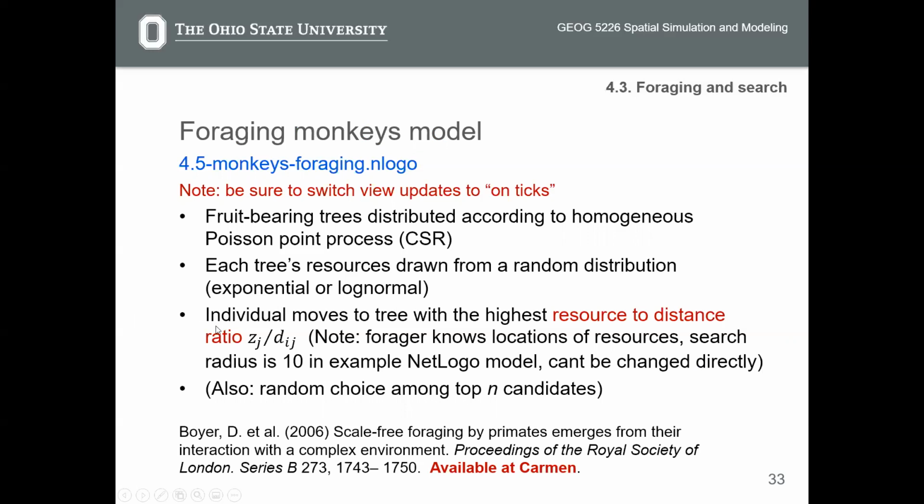We draw the value for resources from an exponential distribution or log-normal distribution. And the individual, or you can say the monkey, moves to the tree with the highest resource-to-distance ratio. The resource on a specific tree J is Zj, and the distance between the current location I and tree J is Dij.